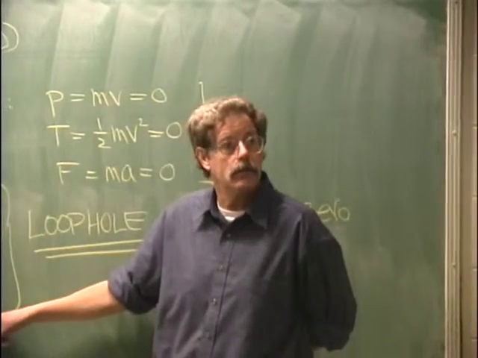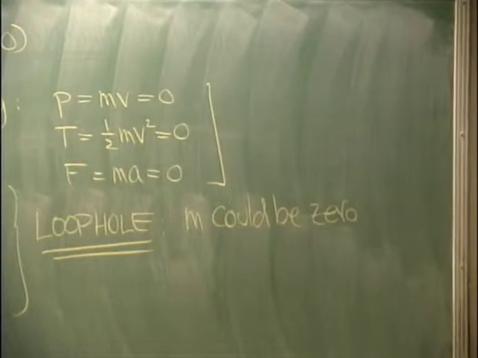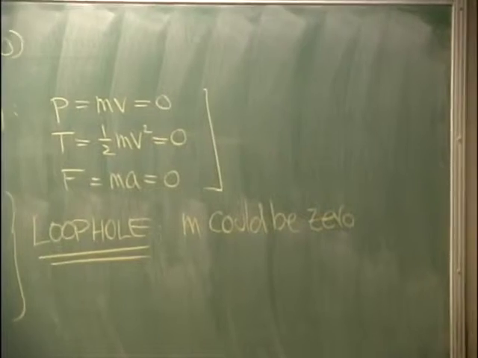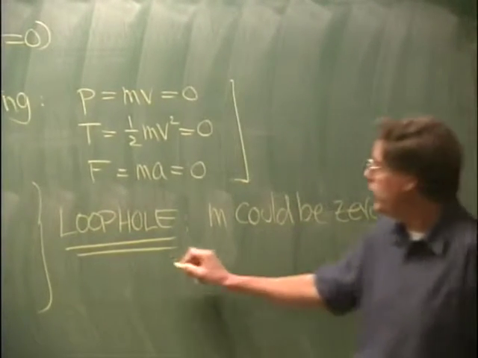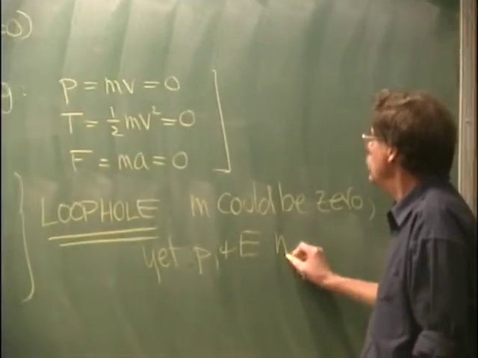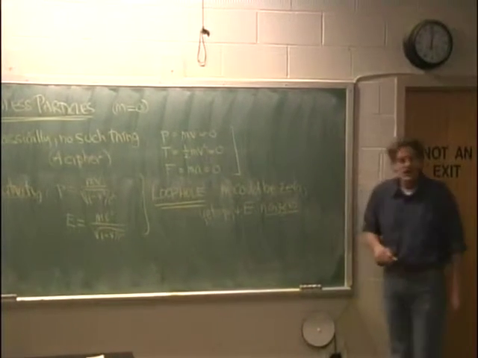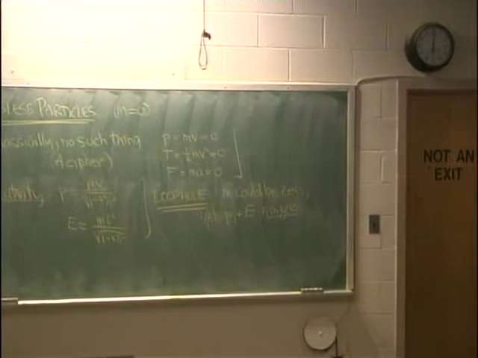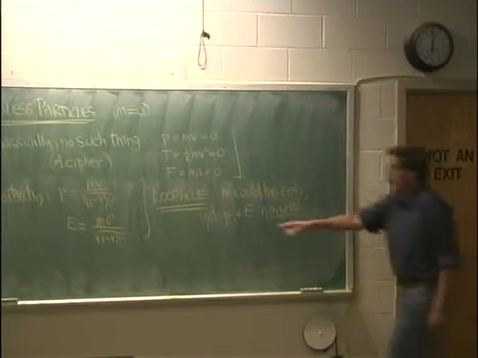If the denominator is 0 and the numerator is 0, then I get 0 over 0, and mathematicians tell me not to touch it. It could be anything. m could be 0, yet P and E non-zero. You could have a massless particle with energy and momentum, provided that the denominator is 0.